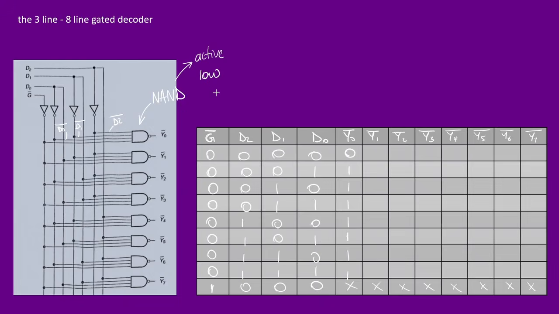We can continue in the same vein for not y1. So this is on not D2, this is on not D1, and this is on D0. Okay, so that's going to be this, and fill everything else as normally 1. So you can go on like that continually and so on and so forth.